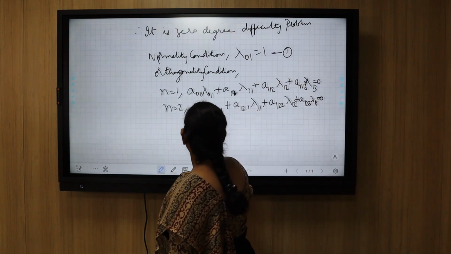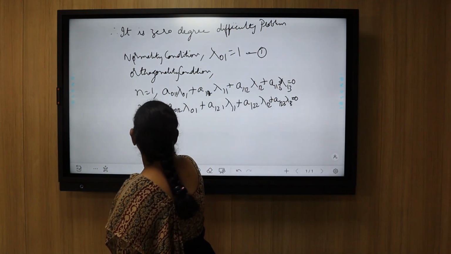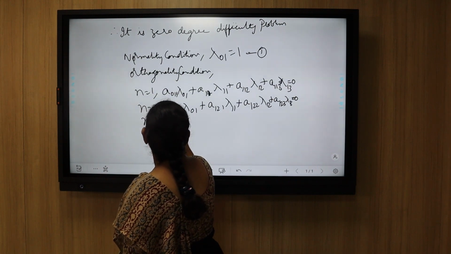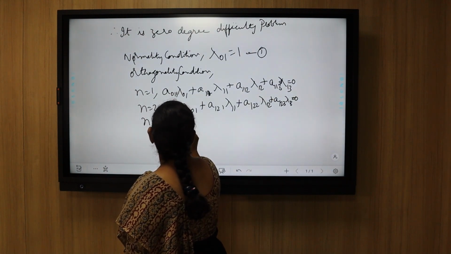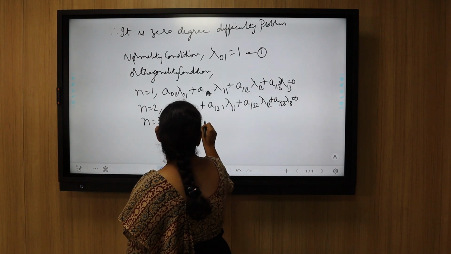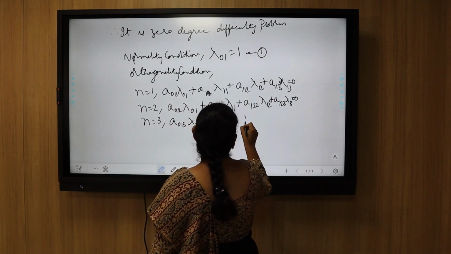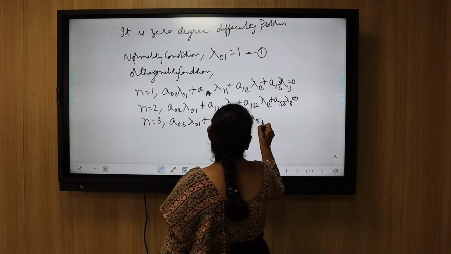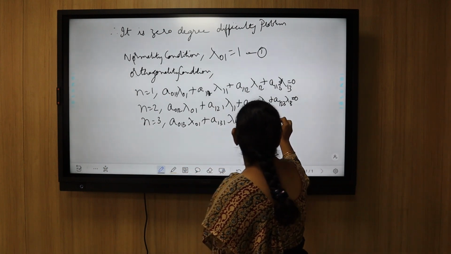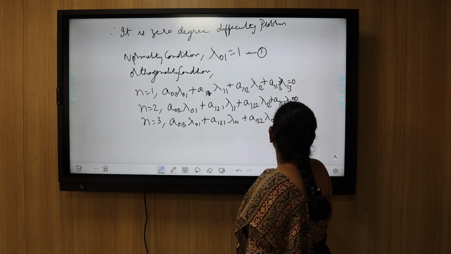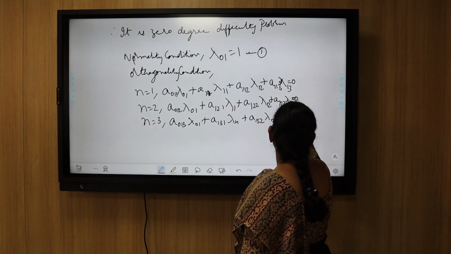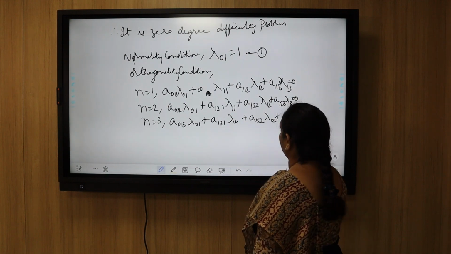Then n equal to 3, that is a031 lambda 01 plus a131 lambda 11 plus a132 lambda 12 plus a133 lambda 13 equal to 0.